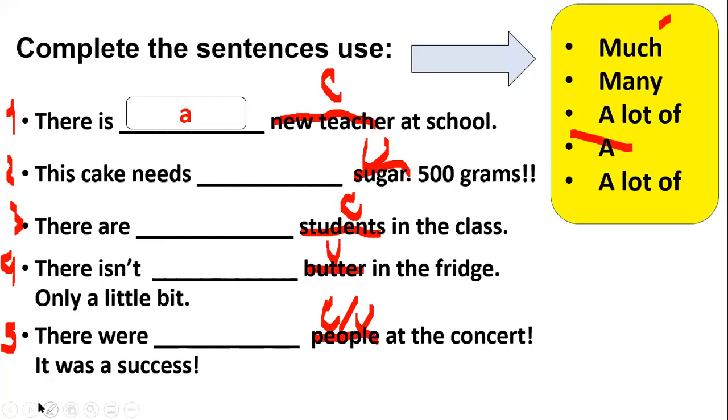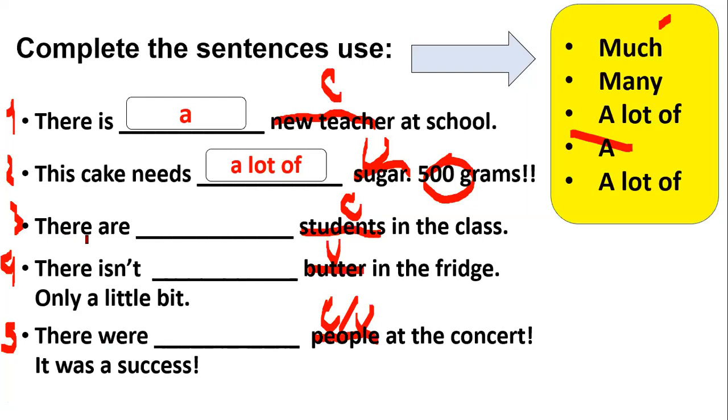Okay, so in this case, a lot of. Remember that much in this case is for something that probably is too much or not much. It can be also negative. So this cake needs a lot of sugar, 500 grams, okay?